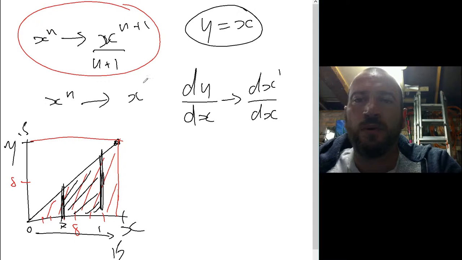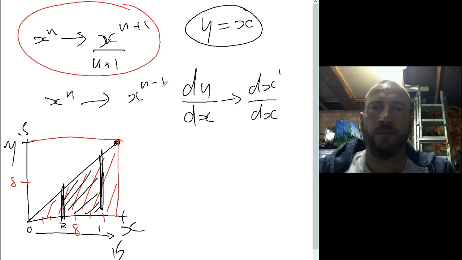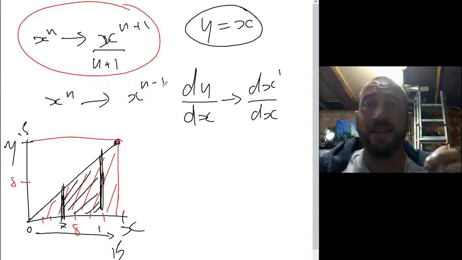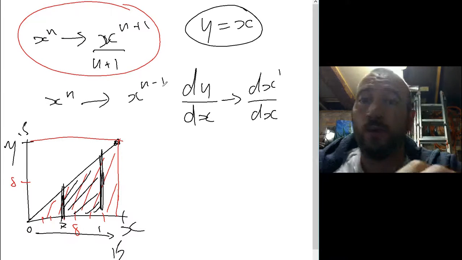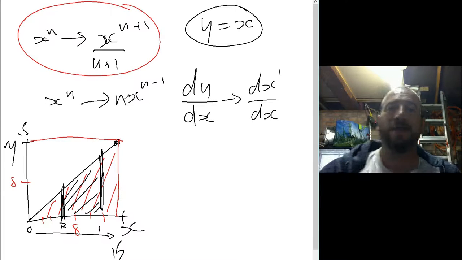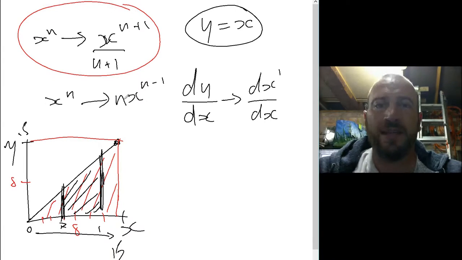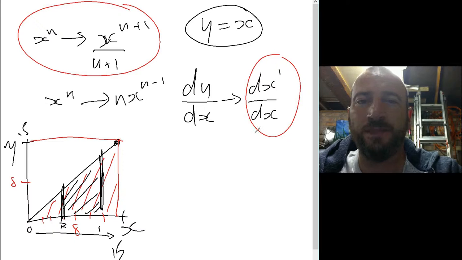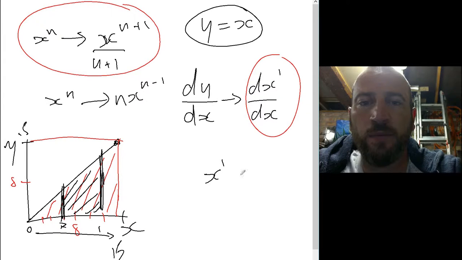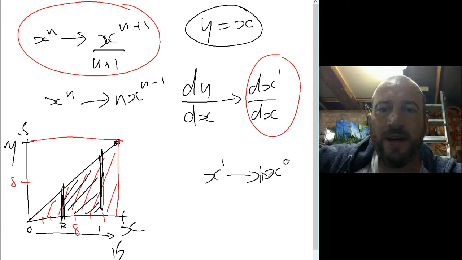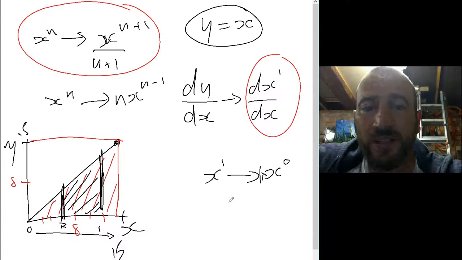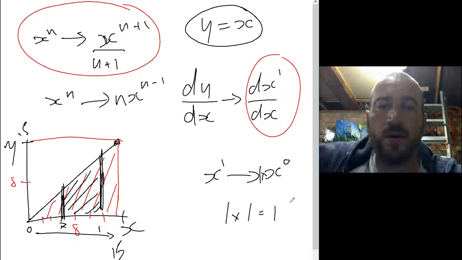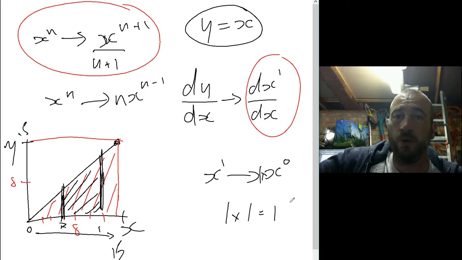Instead of adding 1 to the power, we're going to subtract 1 from the power. Then, instead of dividing by n plus 1, we're going to multiply by n. So when we differentiate, x to the power of 1 becomes x to the power of 0, and we bring the 1 down in front. Anything to the power of 0 is 1, so this is 1 times 1. So we have a gradient of 1 for our line.